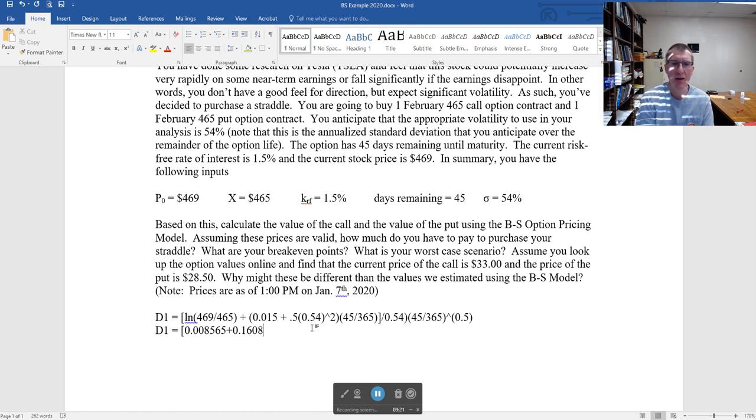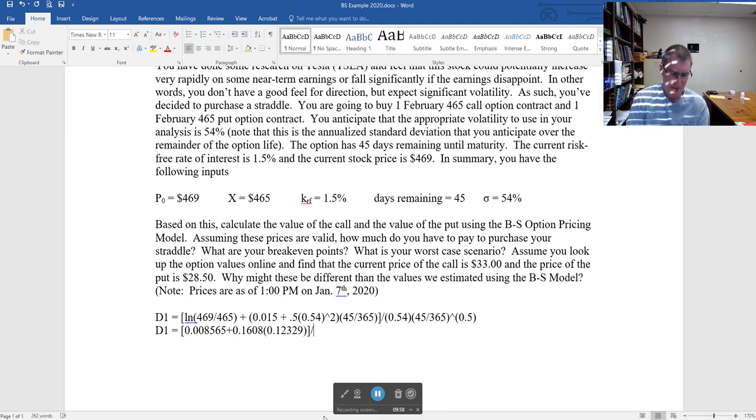And then I'm going to multiply that by time. 45 divided by 365 is 0.12329. Close the brackets and then divide by, I missed a parenthesis there, divide by 0.54 times the square root of time.